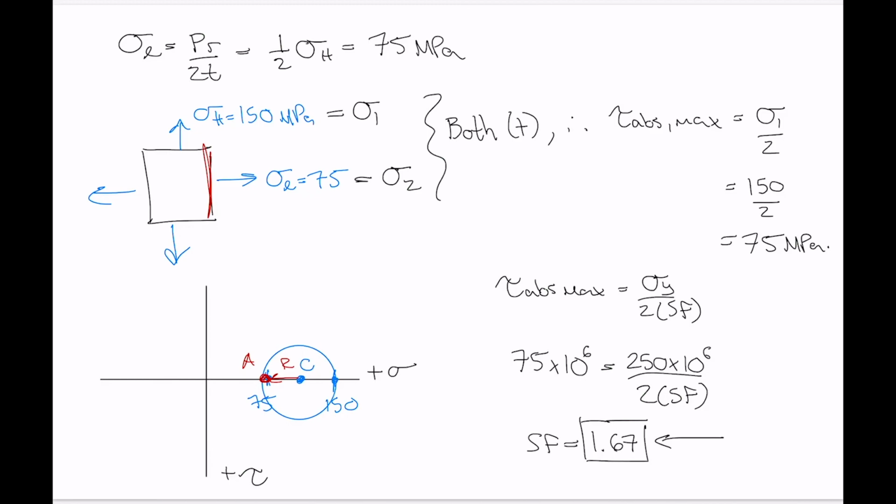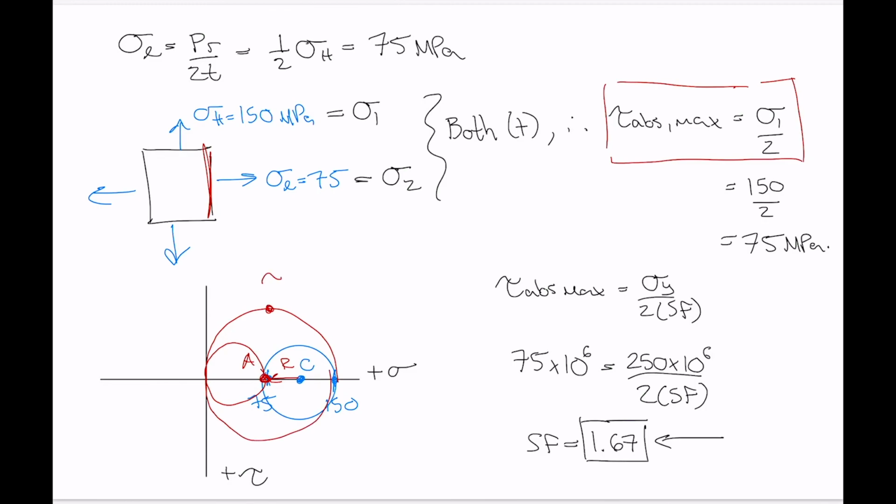That shows you one scenario in which you have to use the other approach for finding the absolute maximum shear stress, which is simply to divide your first principal stress by 2. Because in this situation, if you were to draw that in-plane element from the other 2 perspectives, you get the 2 other circles, one that's smaller, and the other that's bigger.